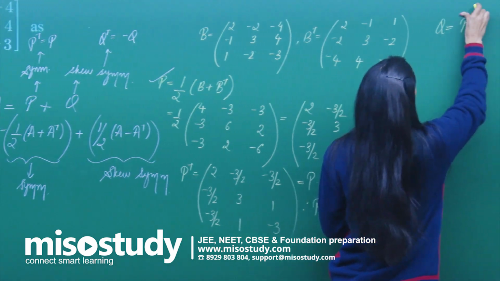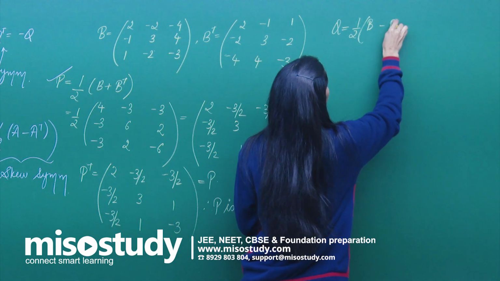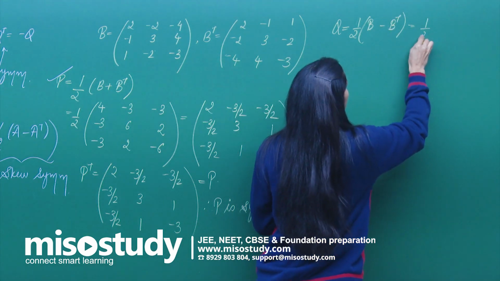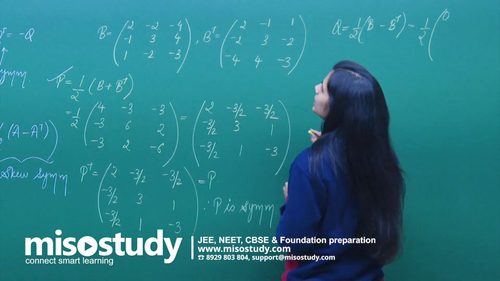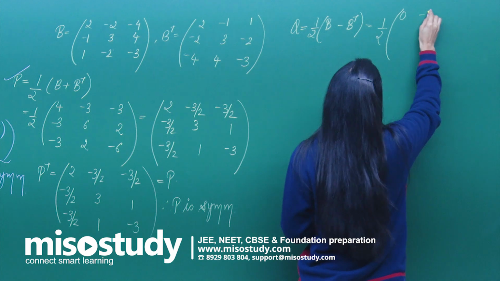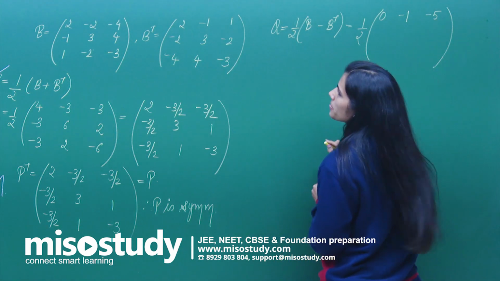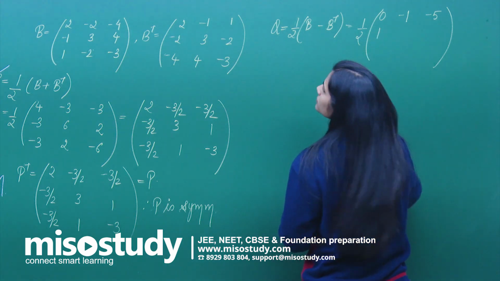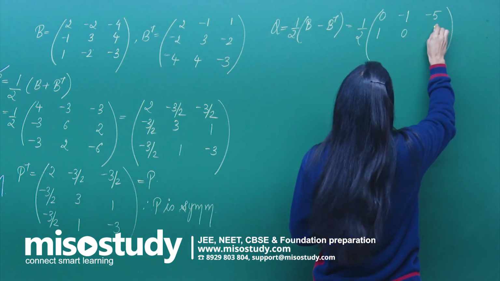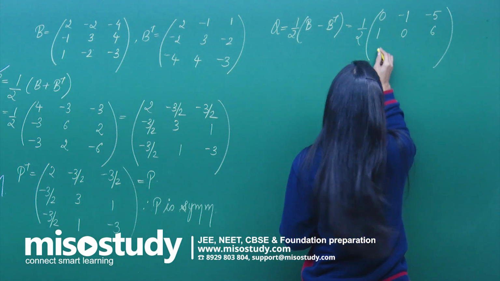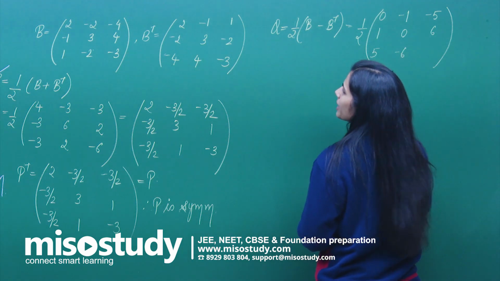Q is half of B minus B transpose, which is half of what? B minus B transpose. 2 minus 2 gives you 0, minus 2 plus 1, minus 4 minus 1, then you have minus 1 plus 2, then 3 minus 3, then you have 4 plus 2, then you have 1 plus 4, then you have minus 2 minus 4, then you have minus 3 plus 3.